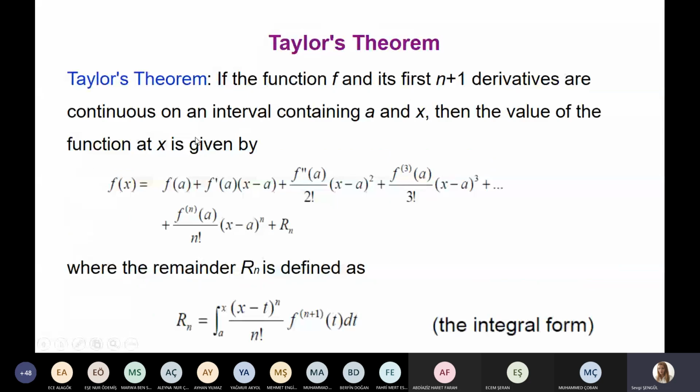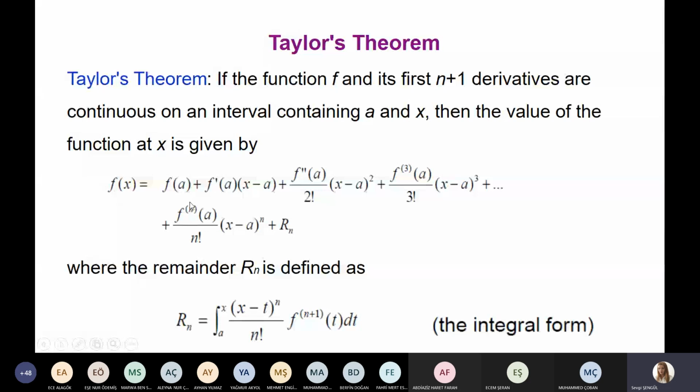This is Taylor's theorem. You need to know that theorem. It's very useful, and you will be using it lots of times in your studies. We have a function f, and we are assuming it's a smooth function, which means that its first n plus 1 derivatives are continuous. And f of x can be the sine function, logarithm function, exponential function, any function you want.